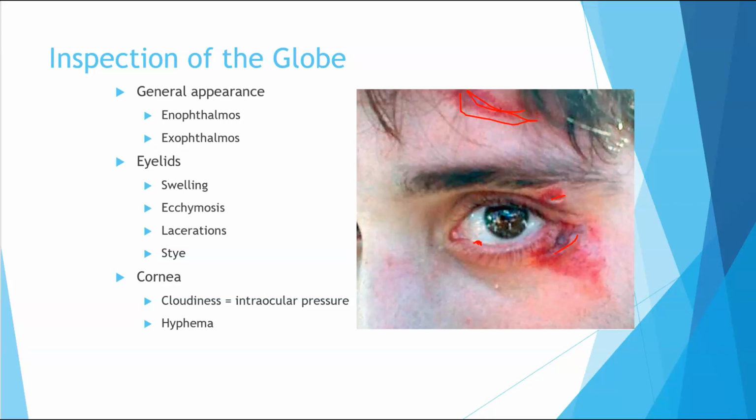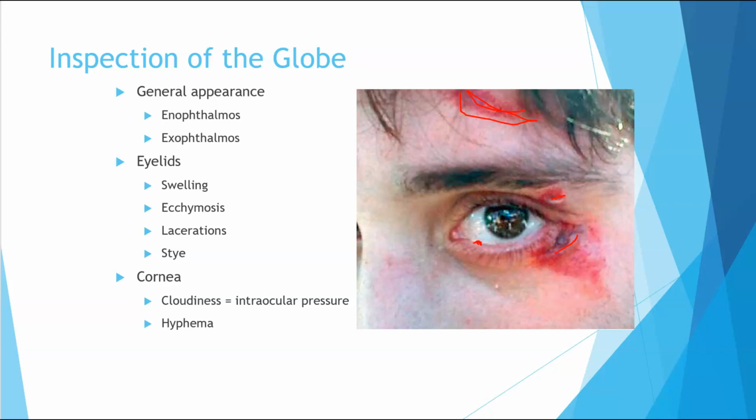Hyphema is a condition that occurs when blood enters the front chamber of the eye between the iris and the cornea. So it's that anterior chamber. People usually first notice a loss of vision or a decrease in vision. It may appear to have a reddish tinge or a small pool of blood at the bottom of the iris or in the cornea.